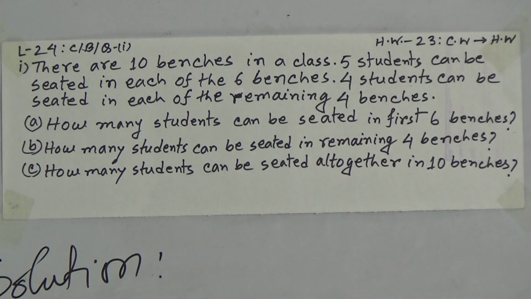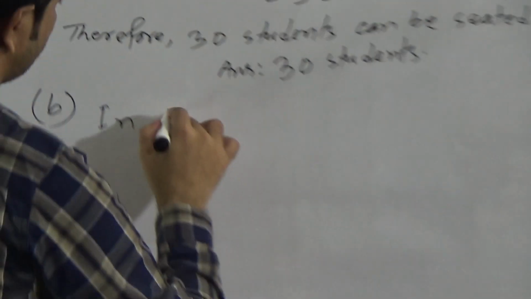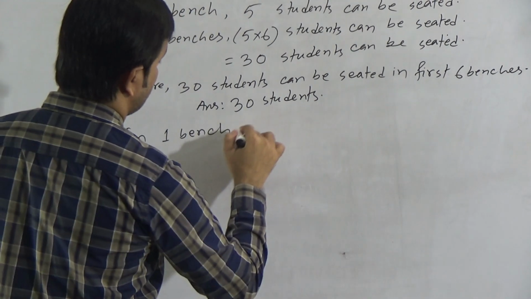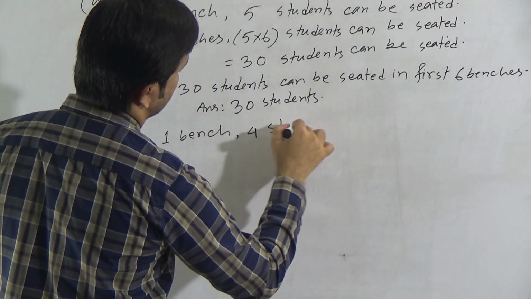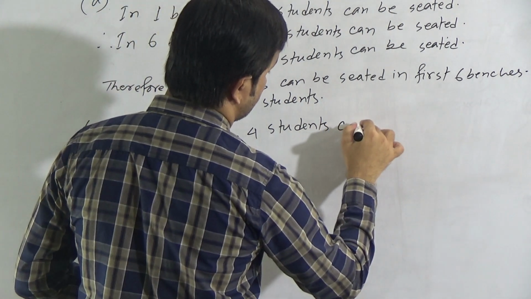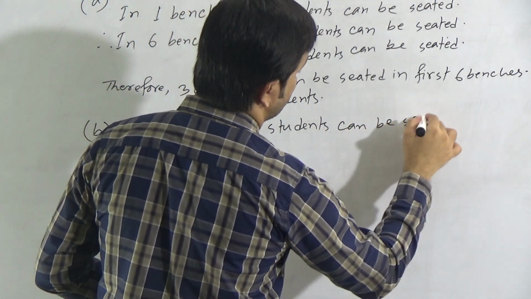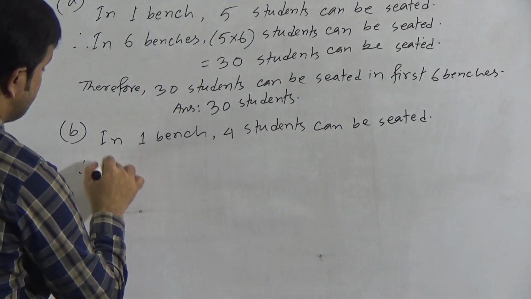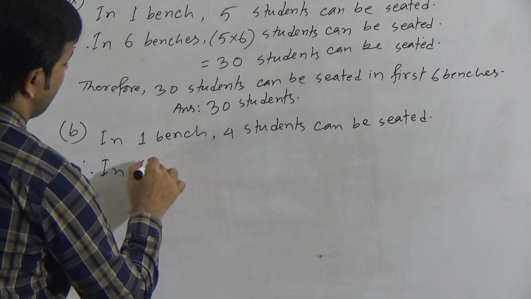So we can say in one bench 4 students can be seated. Therefore, in 4 benches.